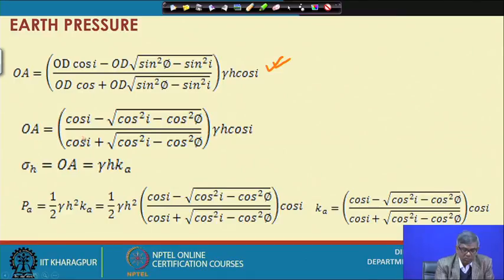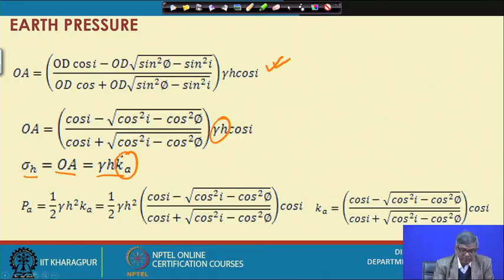So it will become cos i by cos i, cos square i minus cos square phi, into gamma h cos i. Okay, so this is the expression we are getting. So sigma h, lateral pressure, equal to OA equal to gamma h Ka. Okay, so gamma h was there, and then we have multiplied by Ka.